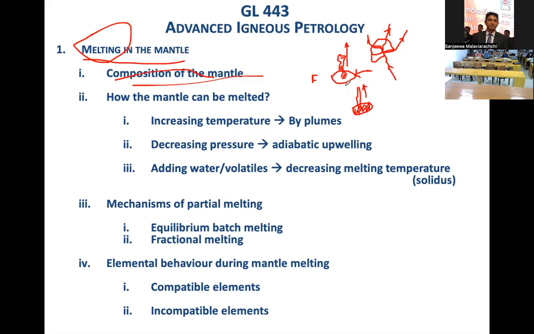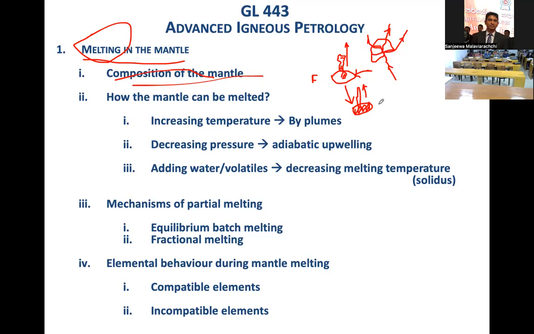So the original mantle that you subjected to melting has now changed its composition, right? The original mantle, if you had composition say F, but now some portion of it has escaped as a melt.